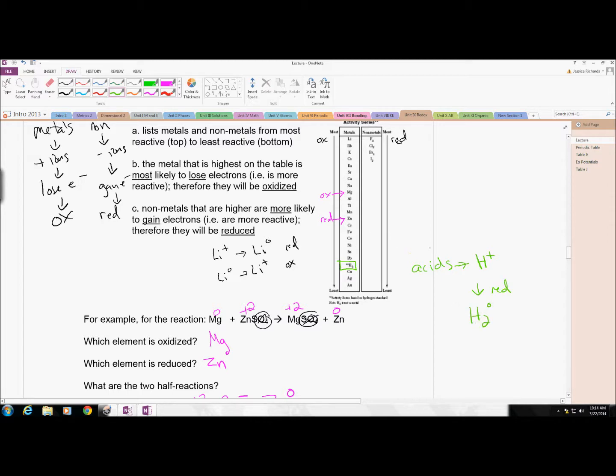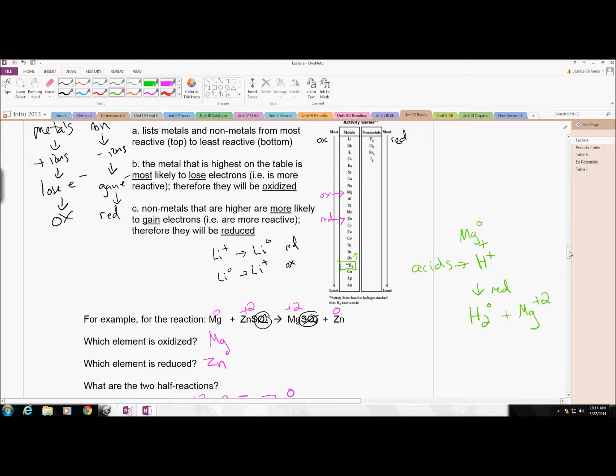So any metal above hydrogen on this table is more likely to be oxidized than the hydrogen is. So if we put any metal on this table that's above hydrogen into an acid, so for example we put magnesium into our acid, we're going to get hydrogen gas and the magnesium is going to get oxidized.